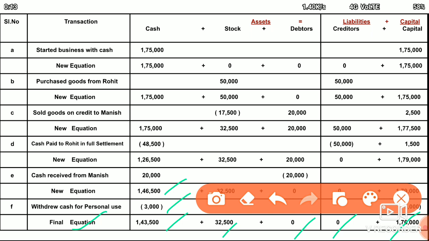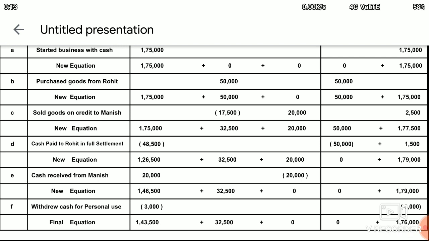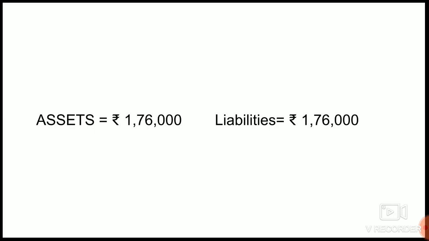Now if we add 1,43,500 and 32,500, the total comes to 1,76,000. So that is the total of the assets. And if we look towards the liability side, if we add the liabilities plus capital, that also gives us 1,76,000. So we have assets equal to 1,76,000 and liabilities plus capital equal to 1,76,000 in the final equation.